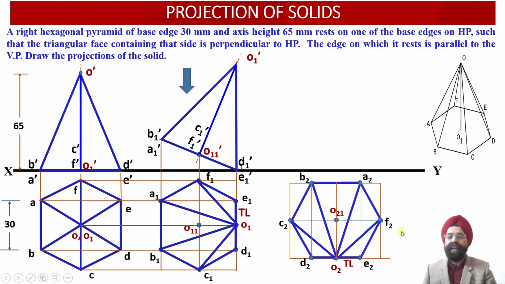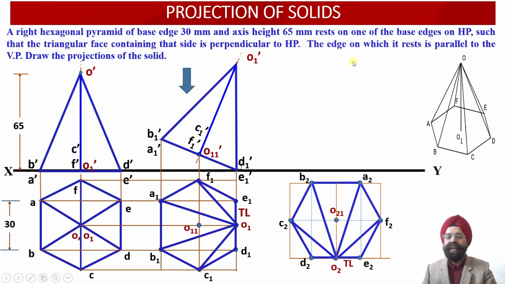Now this way we have been able to obtain the plan projection view corresponding to this oblique solid which happens to be inclined with respect to HP and inclined with respect to the vertical plane.